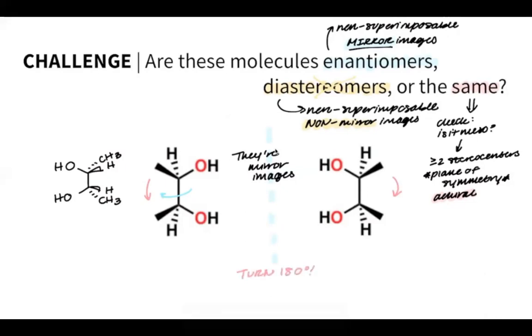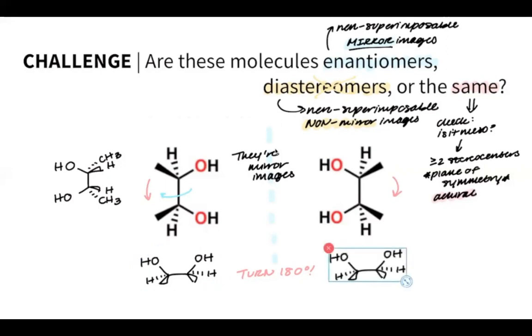When you do that, you're actually going to see the following. Oh, that doesn't look like an H. And then you have the other one, and you're going to see that they look exactly the same.